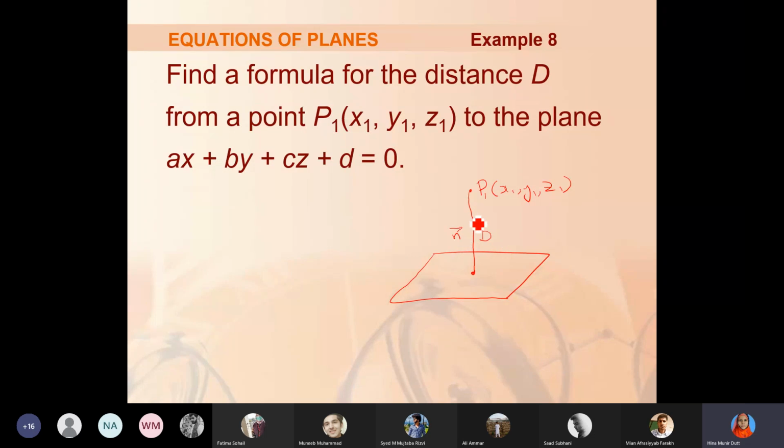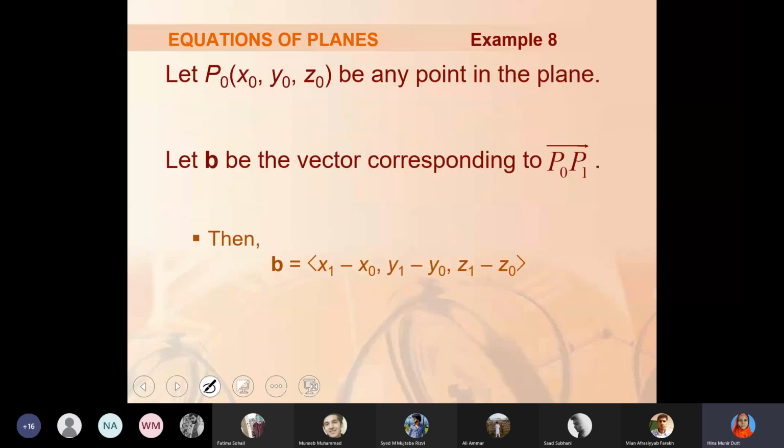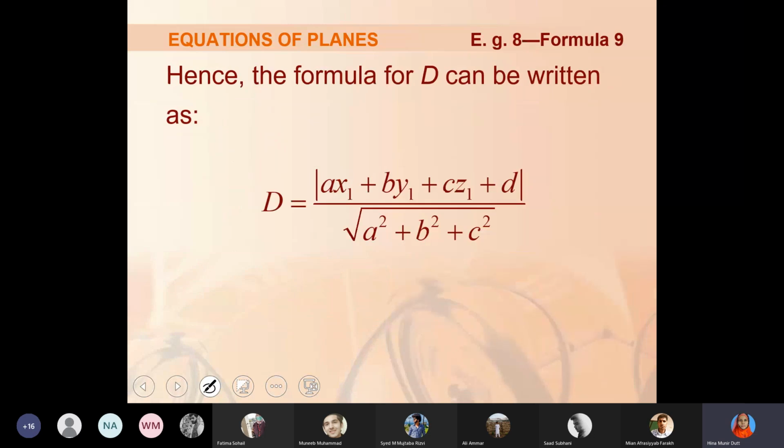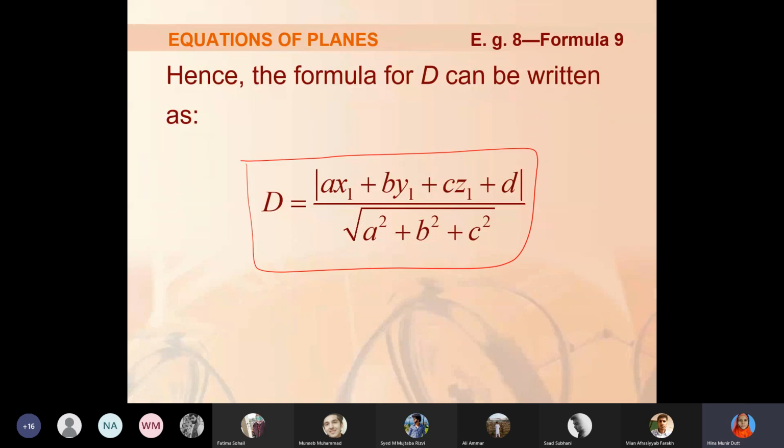It lies along the normal vector because it is perpendicular to the plane. Okay, so this formula, I'm not going to derive the formula for you, you will have to see it. It is all done here in the slide. So this is my formula, and my equation of the plane is this, and the point is this.